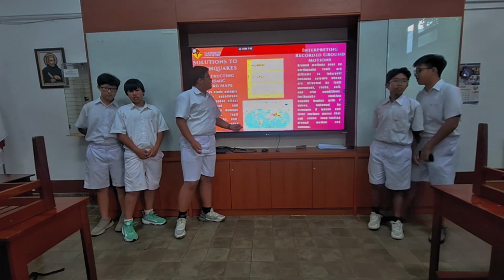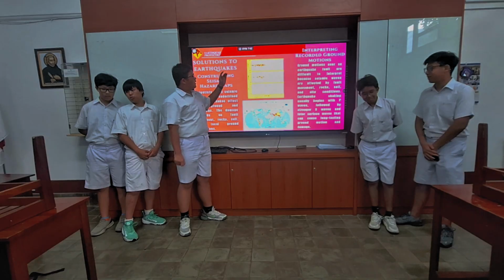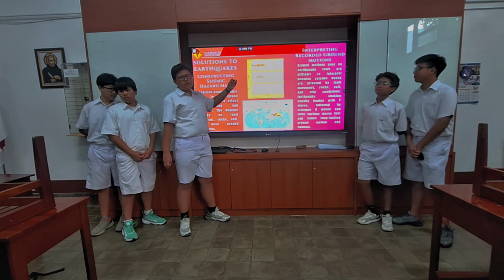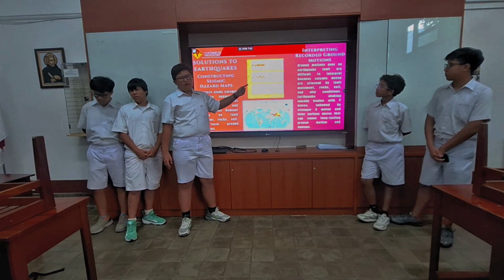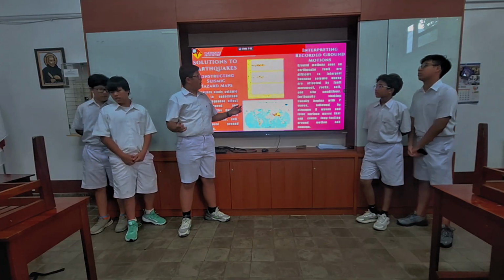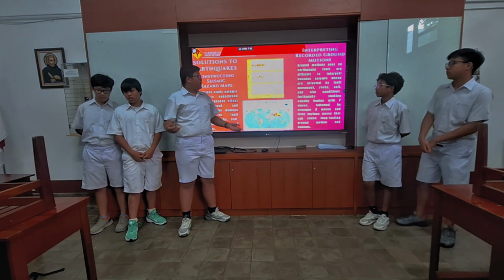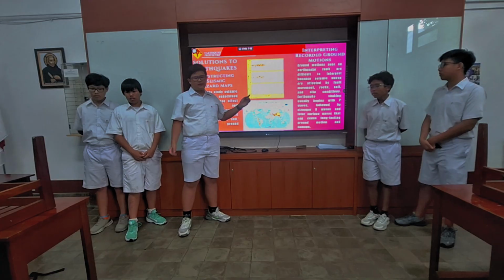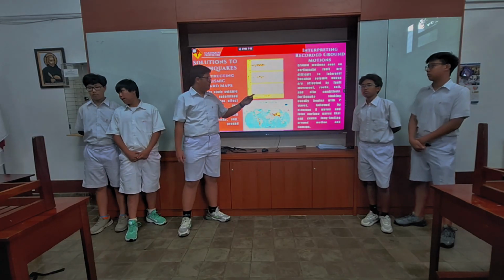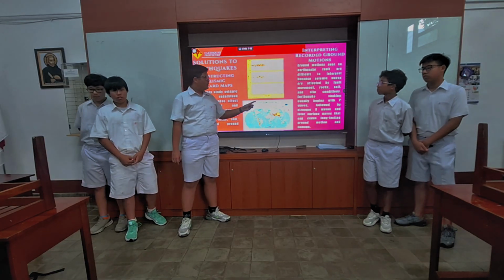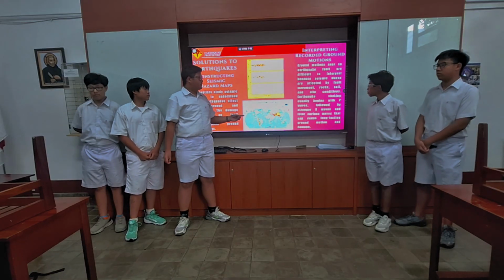After that, we can also interpret recorded ground motions. Ground motions near an earthquake fault are usually very difficult to interpret because seismic waves are affected by fault movements, rocks, soil, and site conditions.